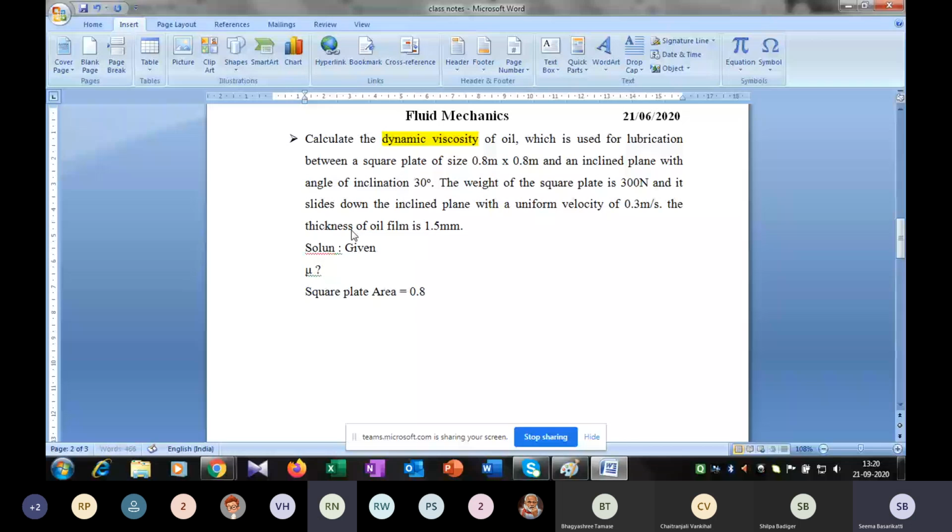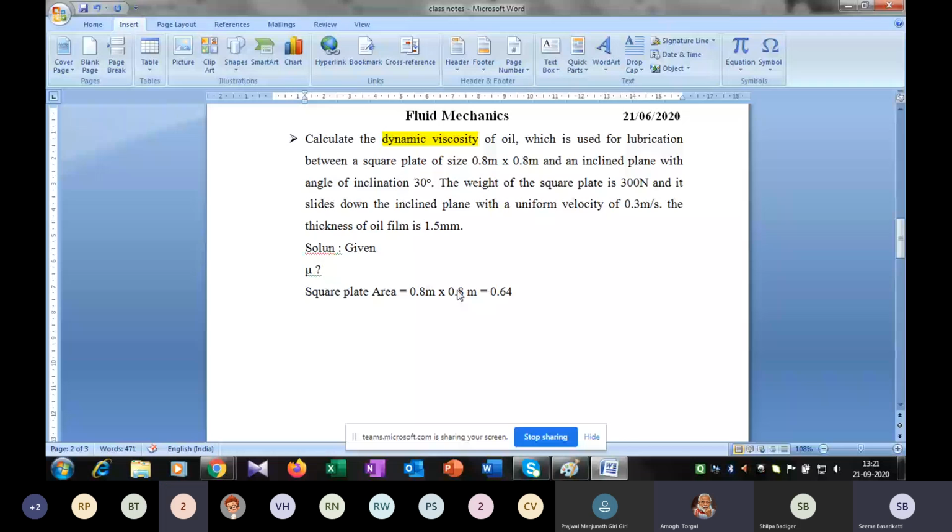Breadth into height. 0.8 meter into 0.8 meter. How much will the area of the plate be? 0.8 into 0.8 is 0.64 meter square. What is the unit for area?